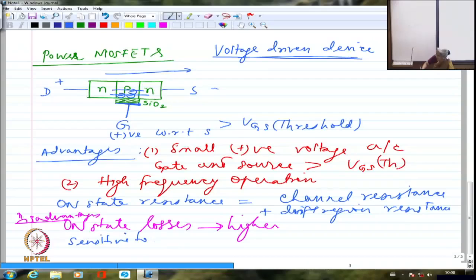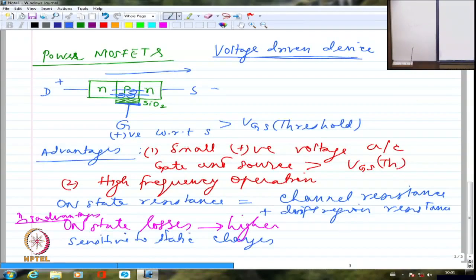Apart from that, one more disadvantage, if you may call it: the on-state losses become more because of the channel resistance plus the drift region resistance. If I want to design it for larger and larger values of rating of voltage especially, I have to probably increase the length further, because between the drain and source I have to have a pretty long channel, which means I'm going to increase the resistances further.